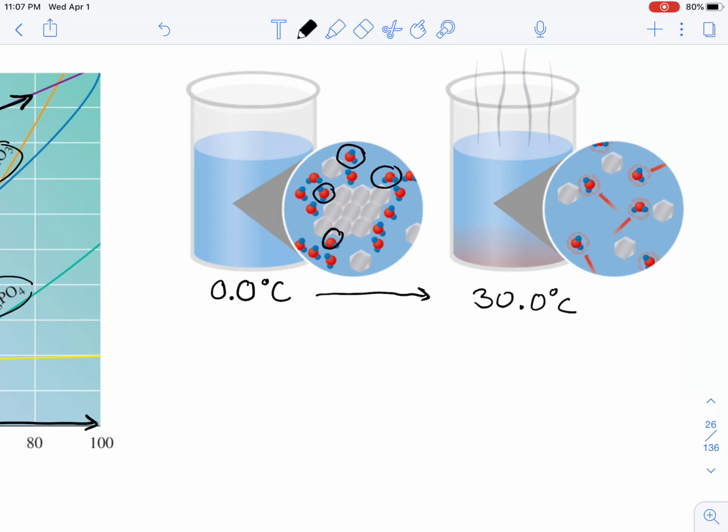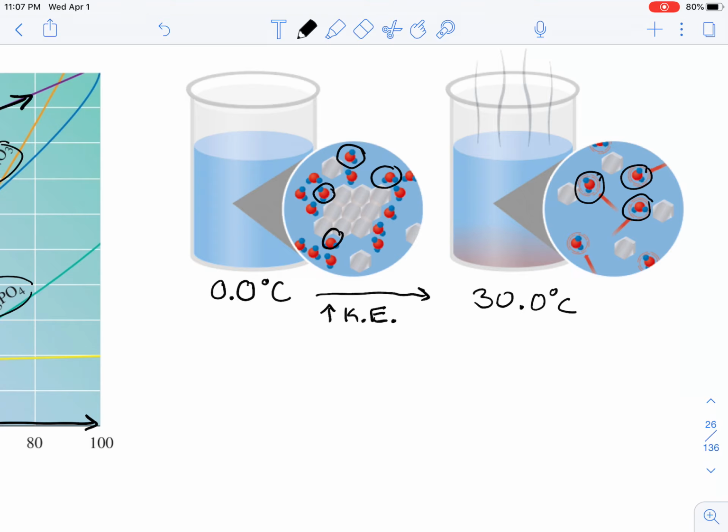As we increase the temperature, we're increasing the kinetic energy. I'm going to abbreviate kinetic energy as KE. We're increasing the kinetic energy of the water molecules such that they are now colliding with a solute at a higher rate.